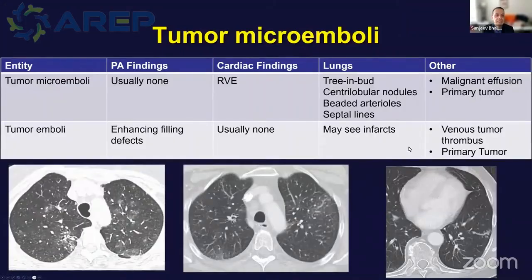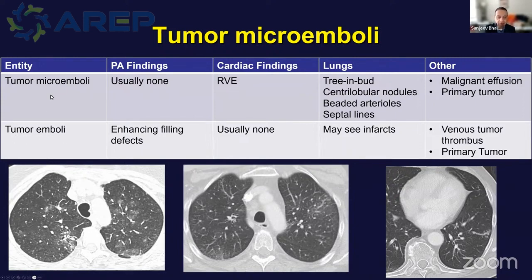I want to share with you one final entity, and that is something known as tumor emboli. In microscopic tumor emboli, another example of embolic disease, you might not see the filling defects in the pulmonary arteries. Now, if they're macroscopic tumor emboli, where, for example, with renal cell cancer, we often will see these.